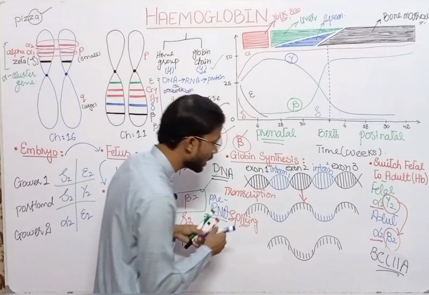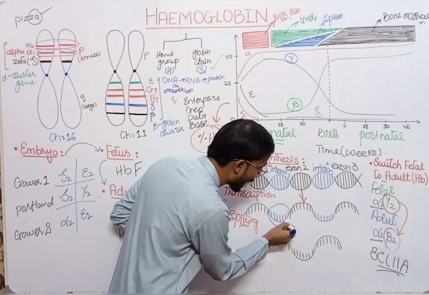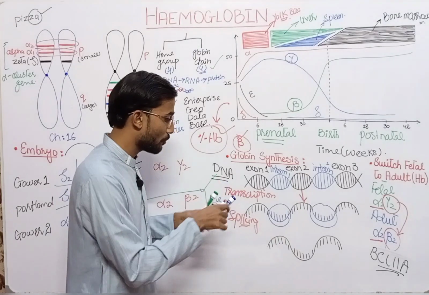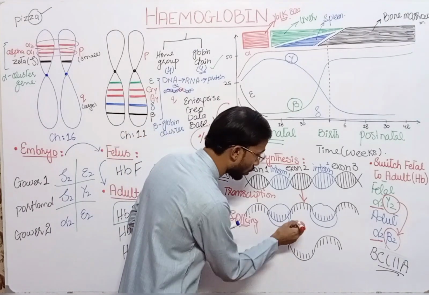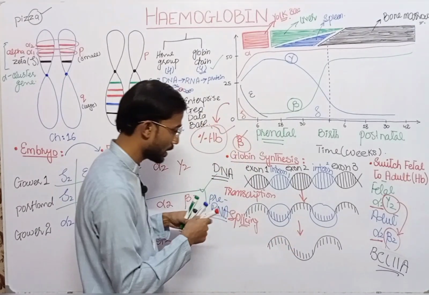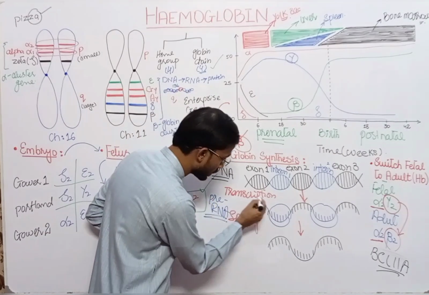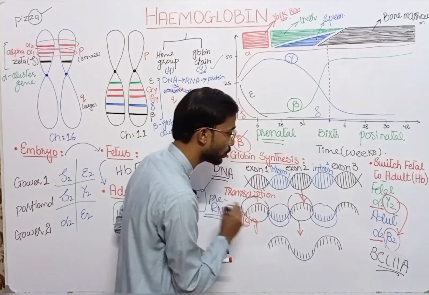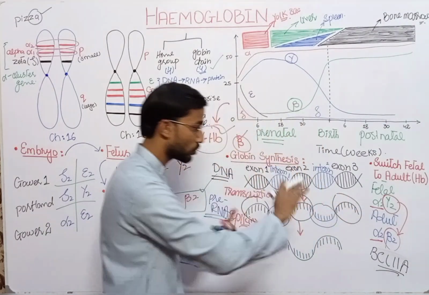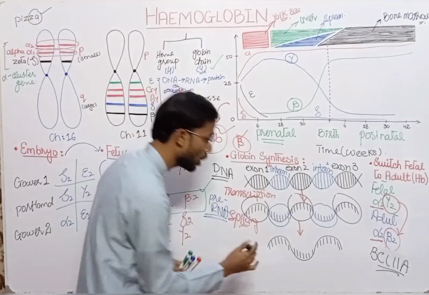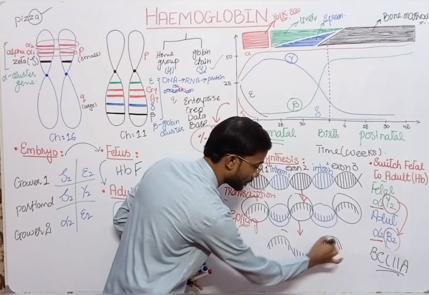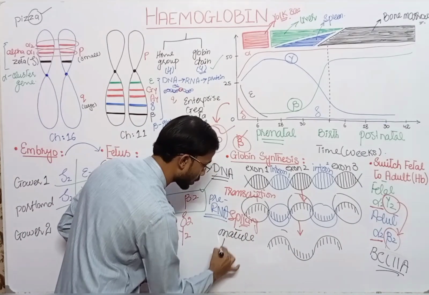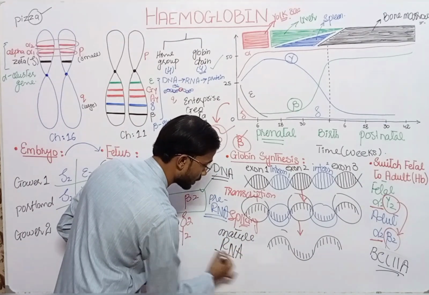In that situation, the intron regions are excised and removed, and finally the three exon regions of the RNA, 1, 2 and 3, combine to form a single mature RNA.